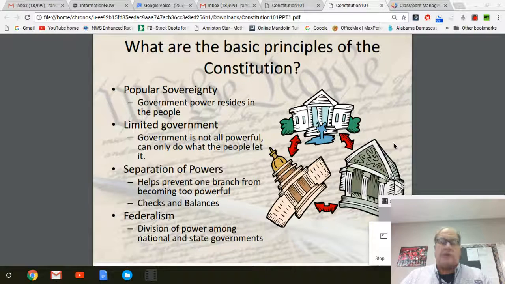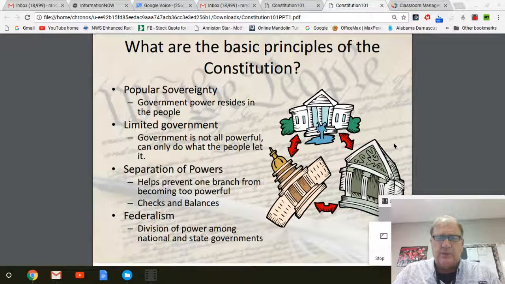Our government is not all powerful, and it can only do what the people let it. At times, things can become very frustrating, and we feel like the government is not paying attention to us. But I would encourage each and every one of you, if you ever have that issue happen, call your local state representative. He, in turn, can put you in touch with all other levels of government. You do have a voice, and that's important to know.